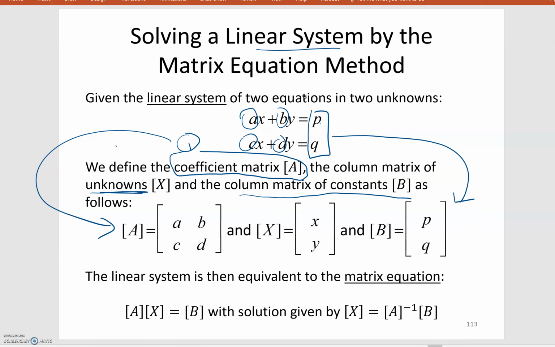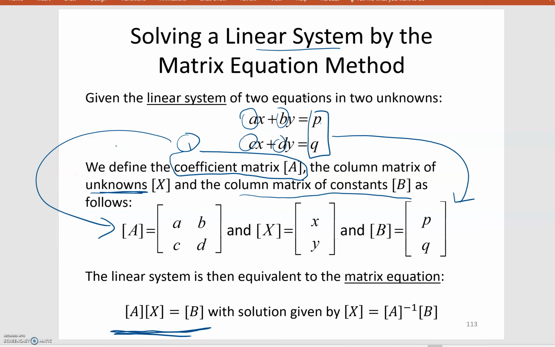And what we can do now is rewrite our linear 2x2 system in a matrix equation form right here. Now you might wonder, how does this work? Why is A times X equal B in matrix form the same thing as this little 2x2 system? Well, it all goes back to matrix multiplication.